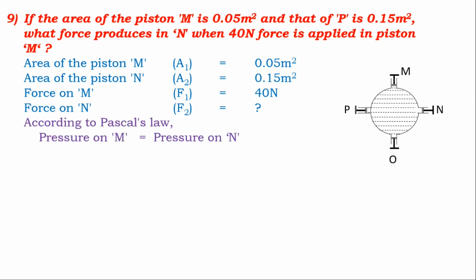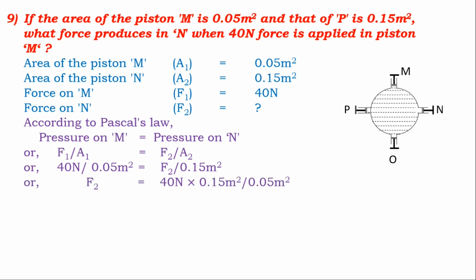According to Pascal's law, pressure on M is equal to pressure on N, because the pressure exerted at this point is transmitted to this point. I mean to say, pressure from M is transmitted to N. Pressure is the same in both pistons. That's why F1 by A1, related to M, is equal to F2 by A2, concerned with N. Taking the values, in place of F1 40 Newton, in place of A1 0.05 meter square, F2 remains the same because we are going to calculate it, and A2 is 0.15 meter square.